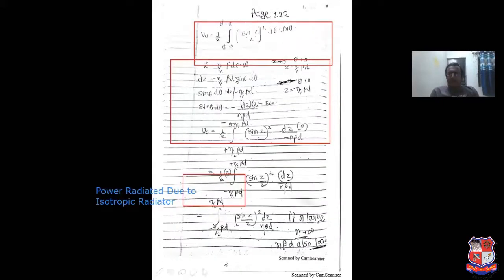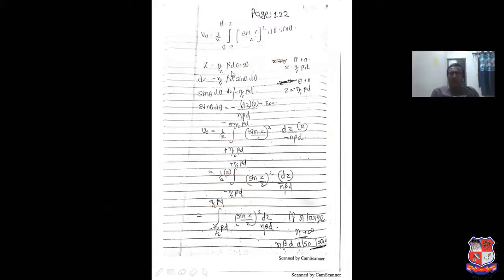Here we get n by 2 beta d cos theta. Assume that this is equal to z. So dz equal to minus n by 2 beta d sin theta d theta. So put sin theta d theta equal to minus 2 dz upon n beta d.